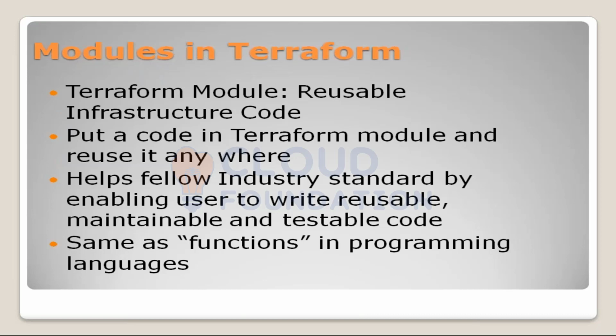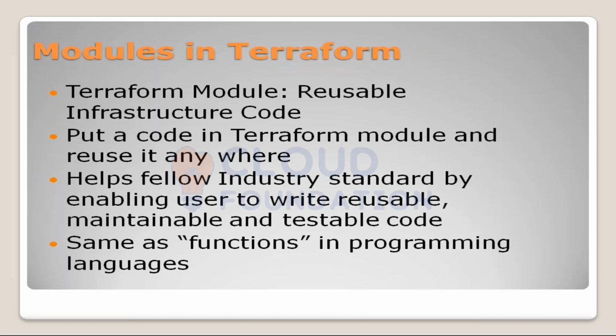Till today, what we have been doing is every time we needed a component we used to write code for it. Let's say S3, we needed 10 S3 buckets. We have been writing the S3 configuration 10 times, but that's not a great practice, right?